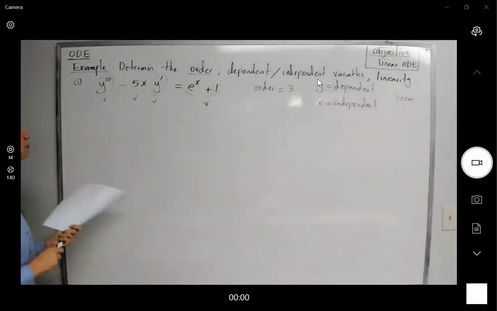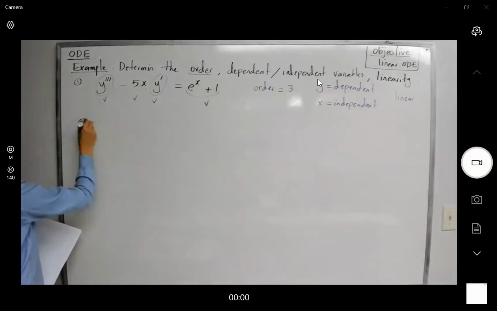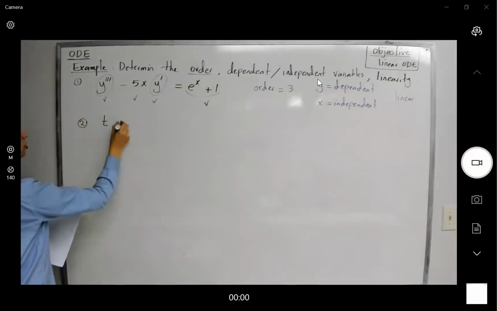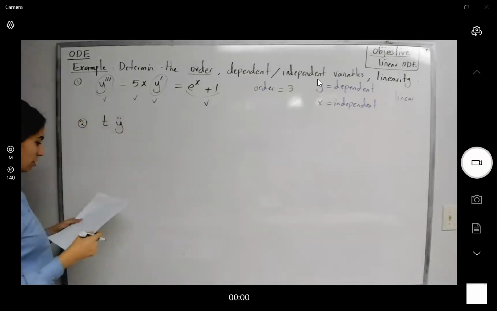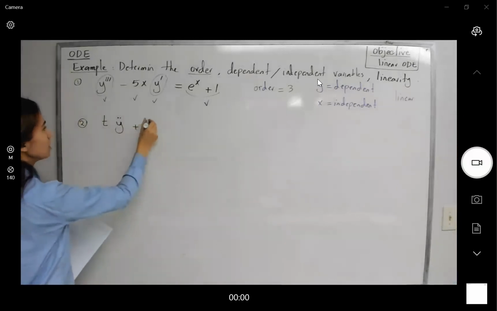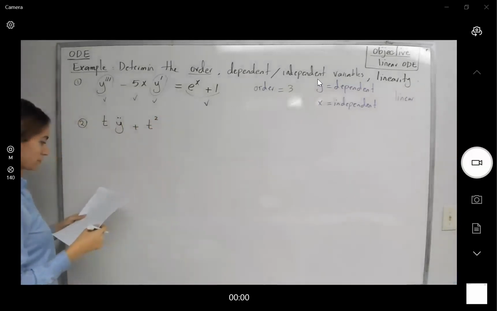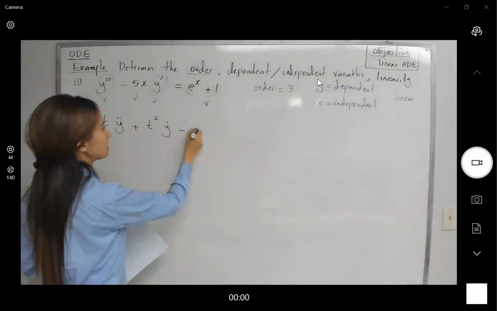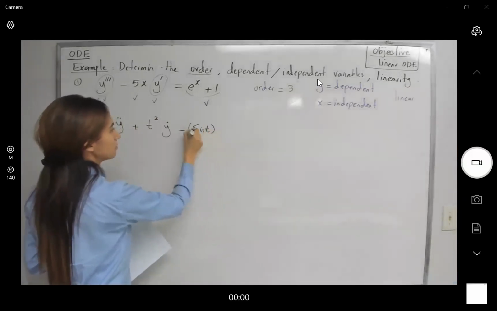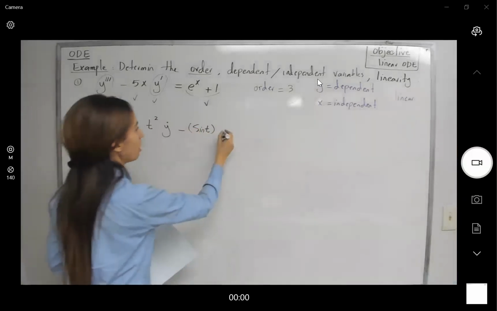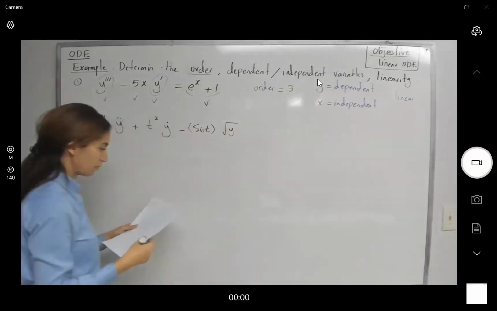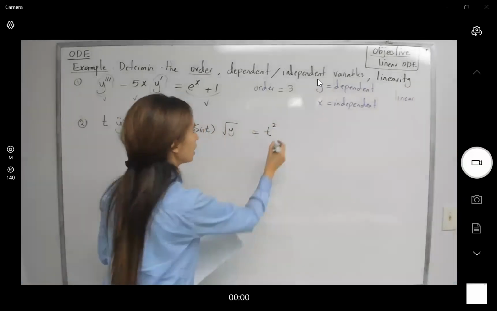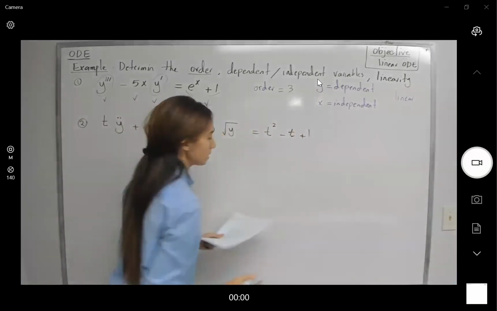Next example, number 2. Here we have t times the second derivative of y plus t squared times the first derivative of y, minus sine t, a trig function, times square root of y, equals t squared minus t plus 1.